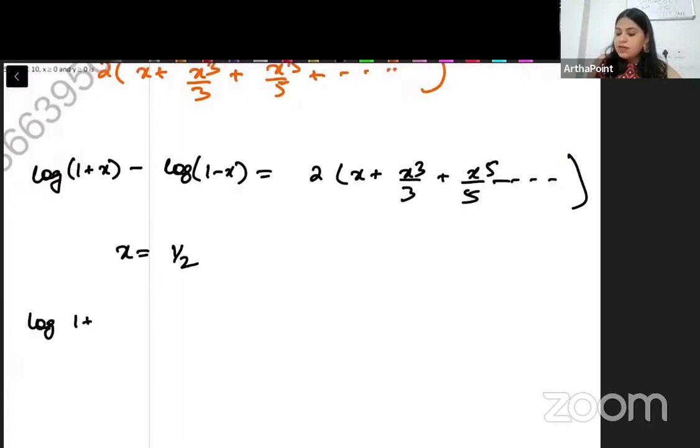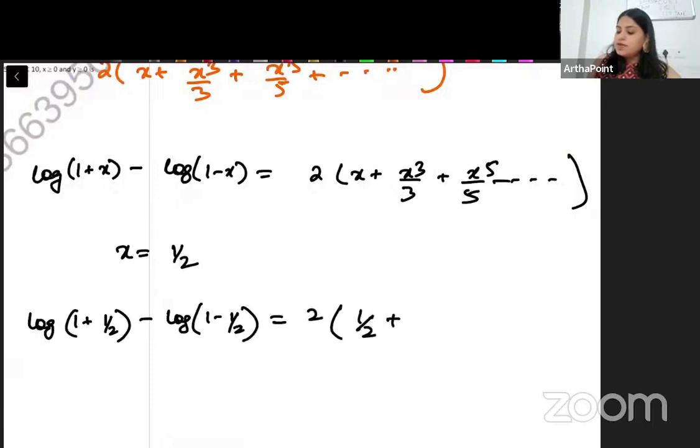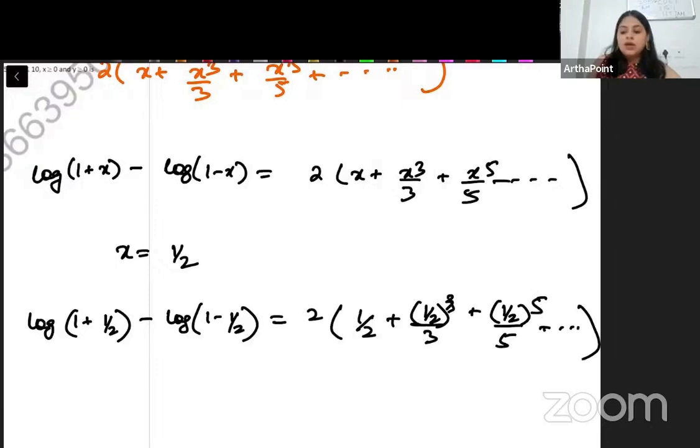Log 1 plus 1 by 2 minus log 1 minus 1 by 2 will be 2 times 1 by 2 plus 1 by 2 whole cube by 3 plus 1 by 2 to the power 5 by 5 and so on. This is what you will get.